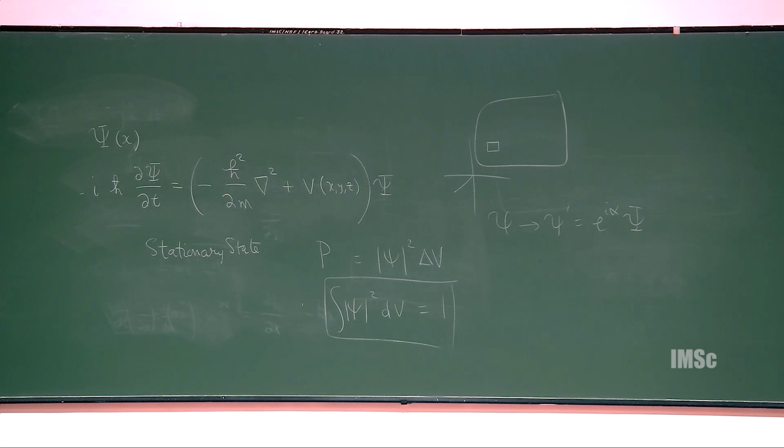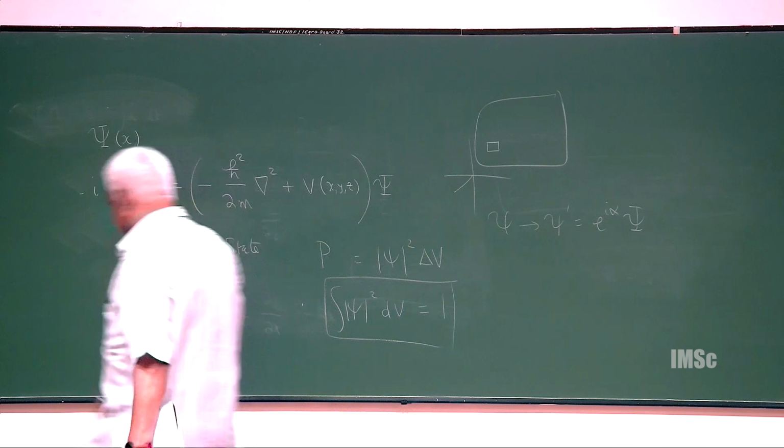It has the same probability density. As far as the probability density is concerned, it is the same. So the state is given by mod psi square. That is the crucial point, even though the equation is for psi. This is what you should remember. So that is the first part.